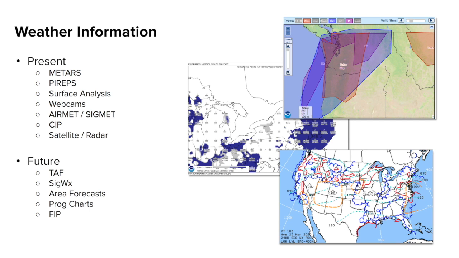And then for IFR pilots, especially in the Seattle region, the present and the future are the SIP and FIP forecasts for icing products. But what I want to talk about with this is that some of this weather information, especially graphical AIRMETs, is pretty general. If you look at some of these graphical AIRMETs, the coverage is giant, and a lot of times they're a little too broad.